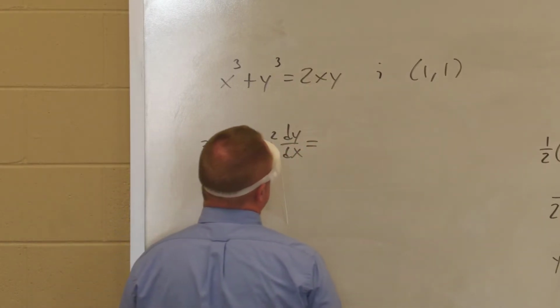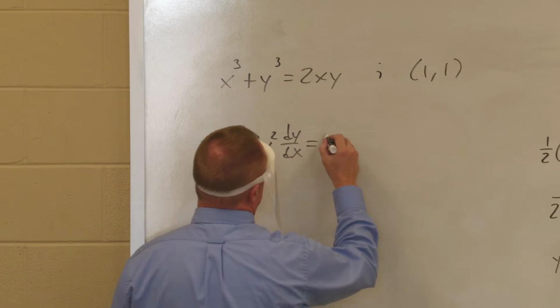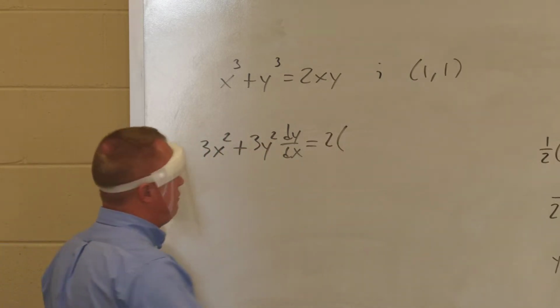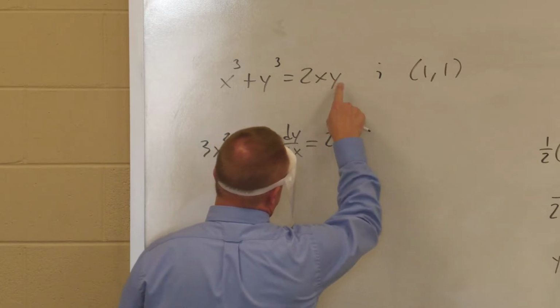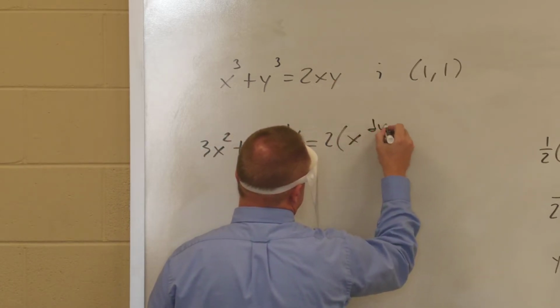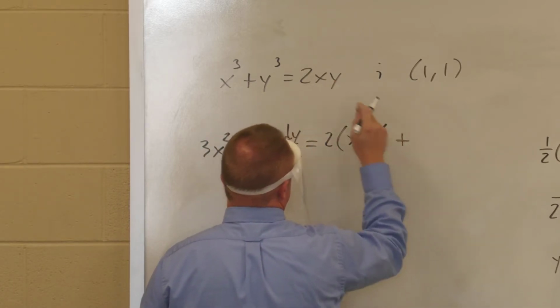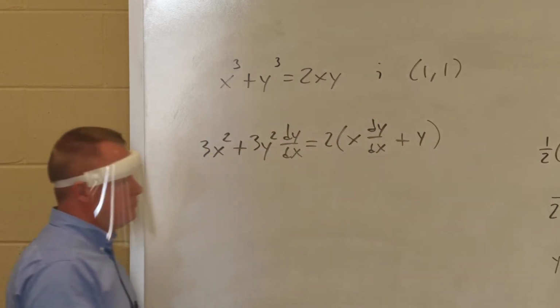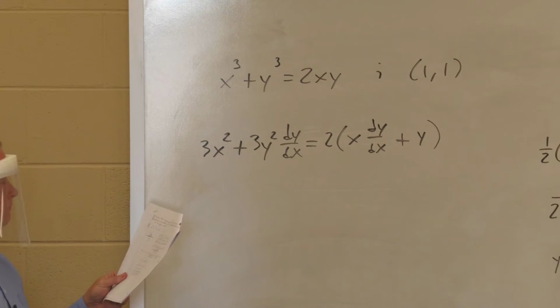Right over here, I've got 2 times x times y. So I've got to use the product rule on the right. So I'm going to say the first times derivative of the second plus the second times derivative of the first. Okay? So any questions about any of that? That's the main first step there.